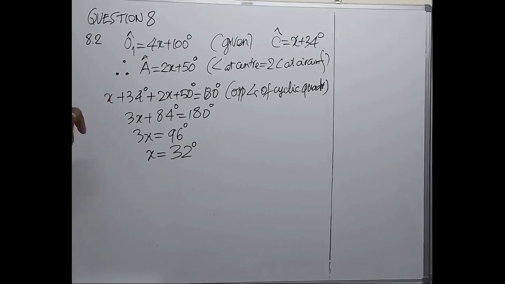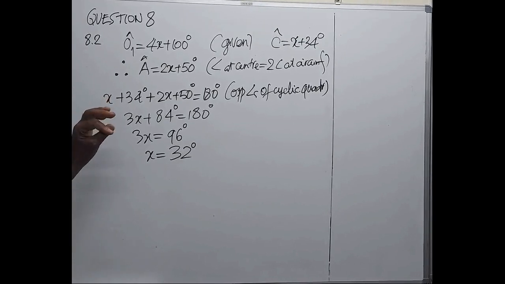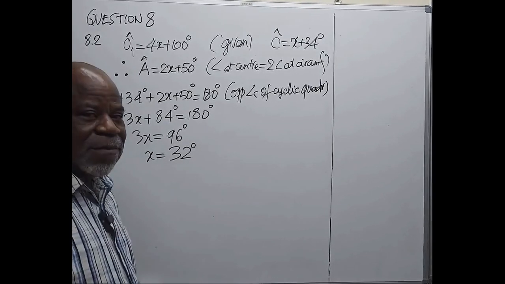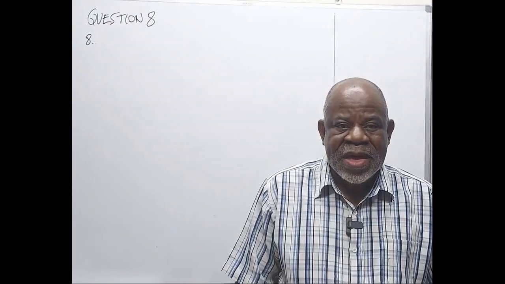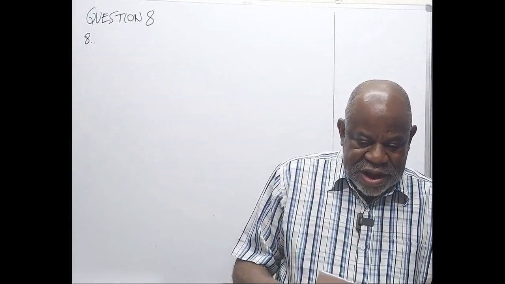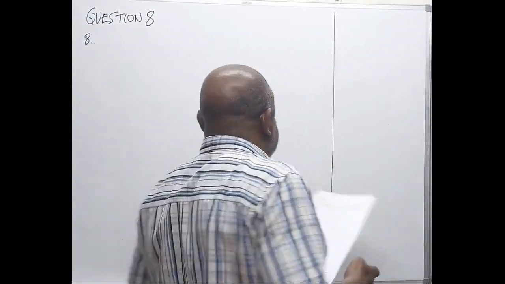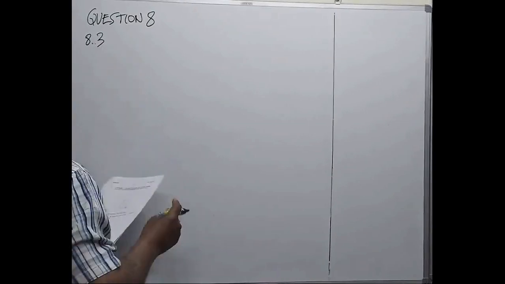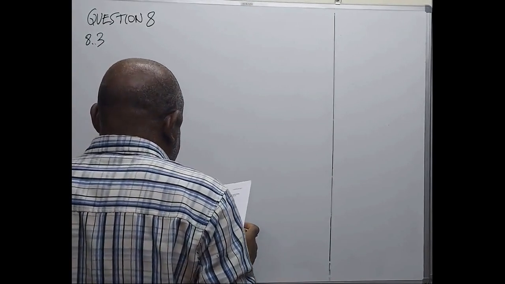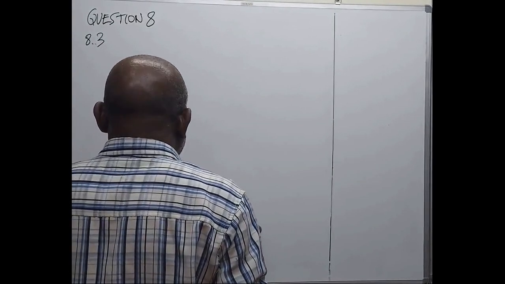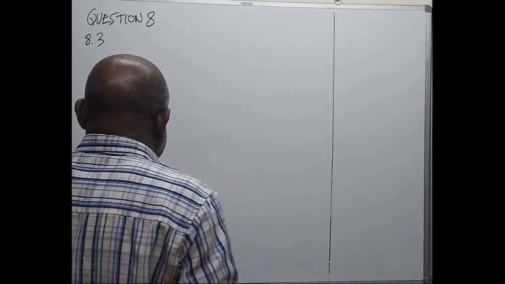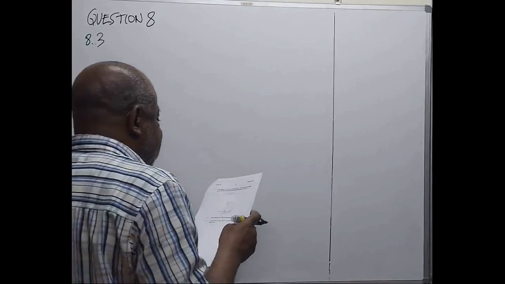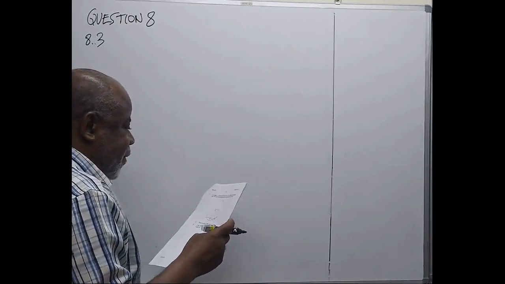We're going to go to the next question, 8.3. Let's check on our paper. Okay, we're taking the next question. Now it's going to be 8.3. Yes, we're done with question 8.2. For 8.3, if we watch our diagram, O is the center of the larger circle.